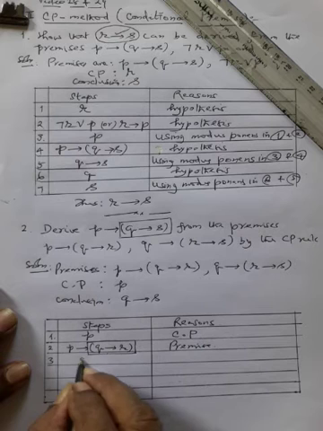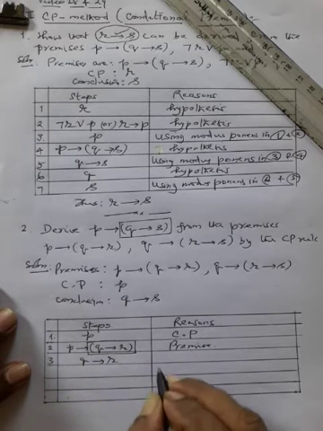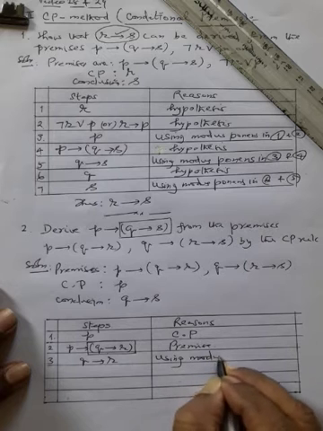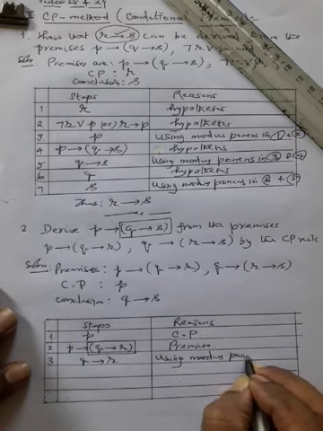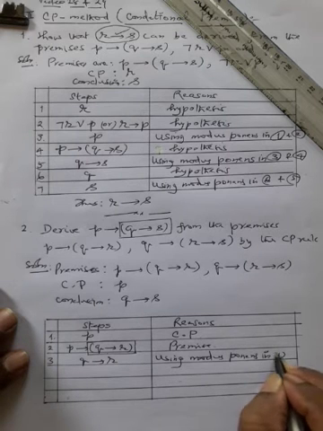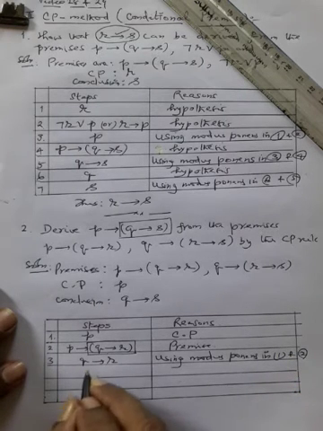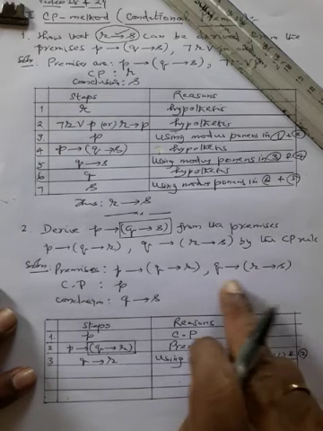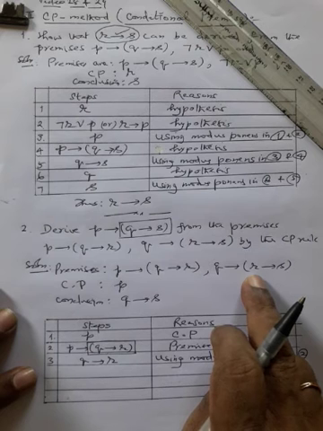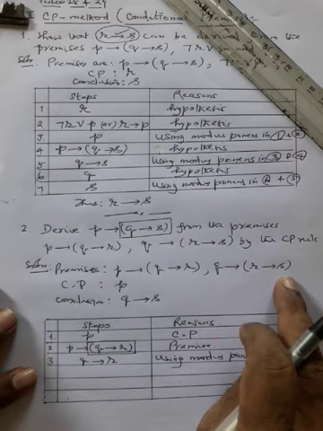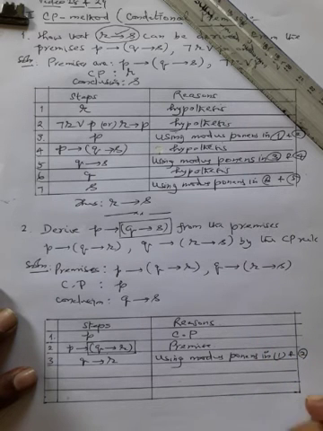So you will get Q conditional R using modus ponens in 1 and 2. So we are getting Q conditional R, right? And Q conditional R is there, and Q conditional (R conditional S) is also there.